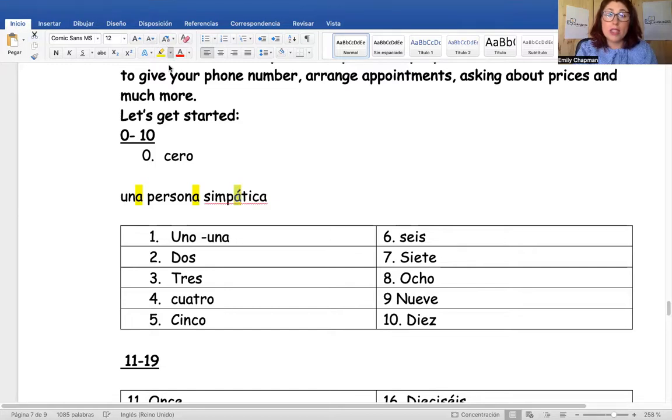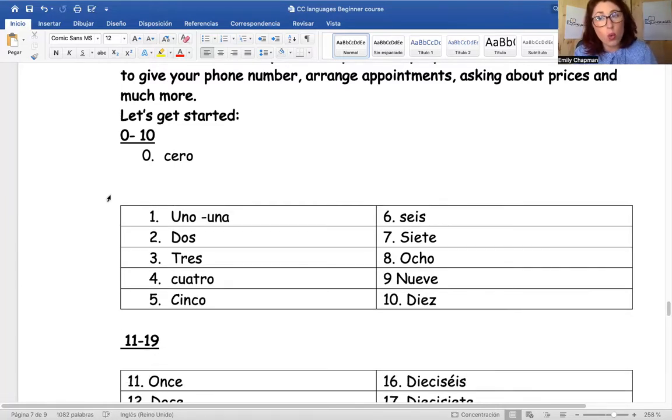Simpático in Spanish is friendly. So we would also use there again the feminine, and we would follow through with the a. Una persona simpática. Y in Spanish meaning and. That will pop out in a moment with our numbers too.